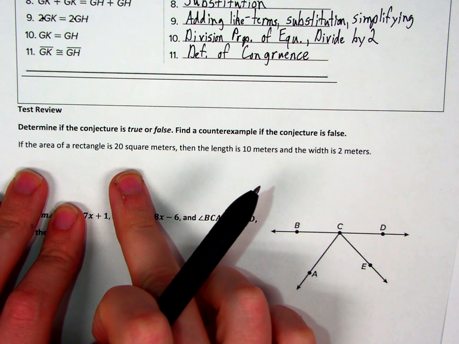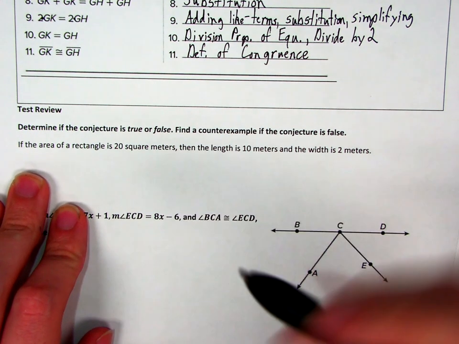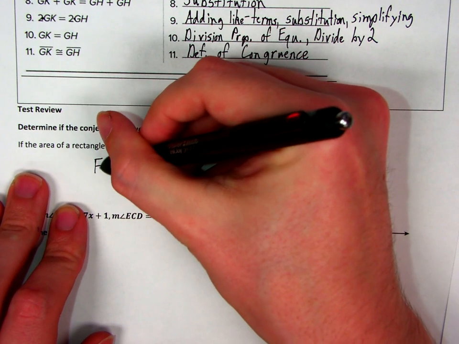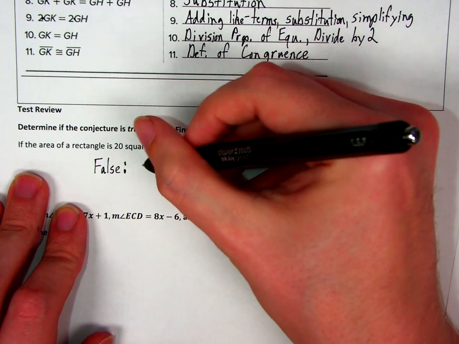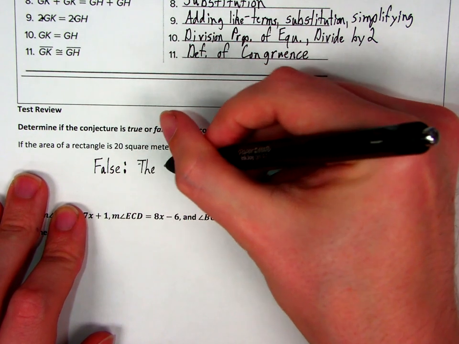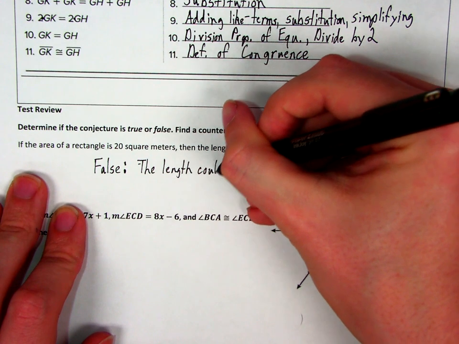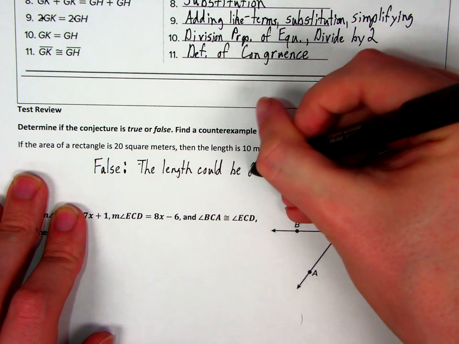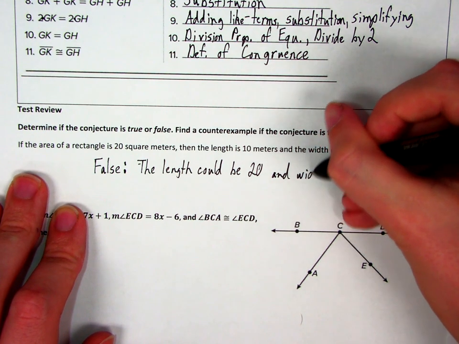If the area of a rectangle is 20 square meters, then the length is 10 and the width is 2. We said that was false. The length could be 20, and the width could be 1.